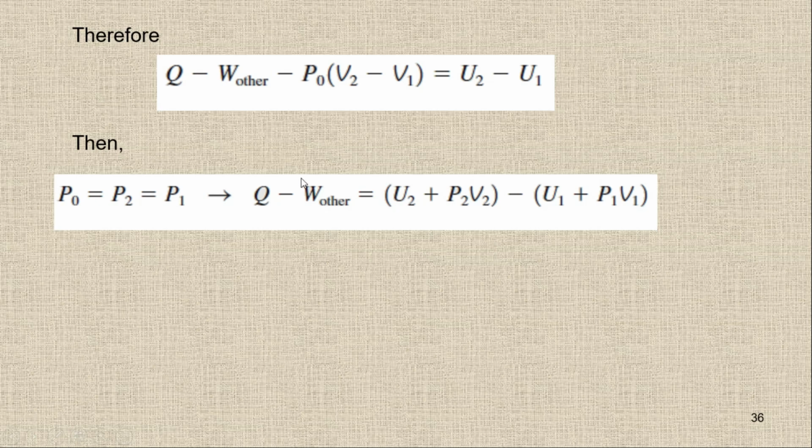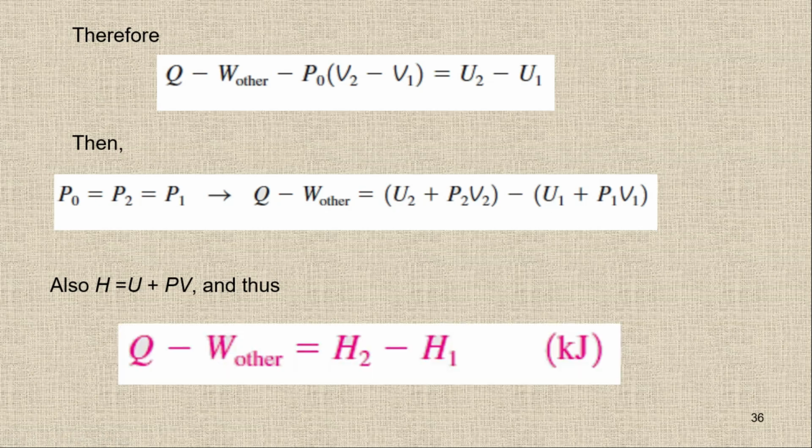So we have Q minus W, and on the other side this relationship. Normally U plus PV is equal to H, where H is the enthalpy. Enthalpy is always equal to U plus PV. So if I replace this, I get H2 minus H1, or Q minus W equal to delta H.